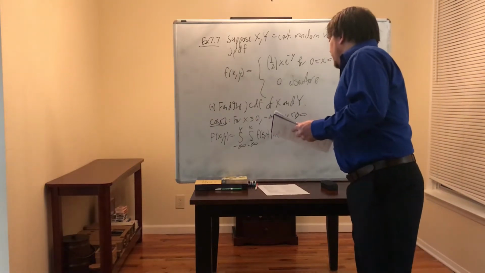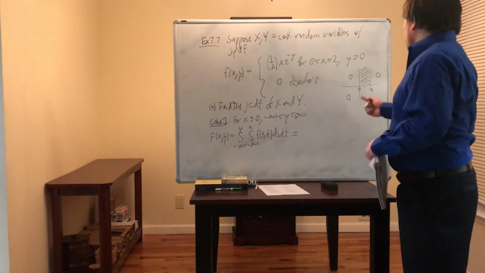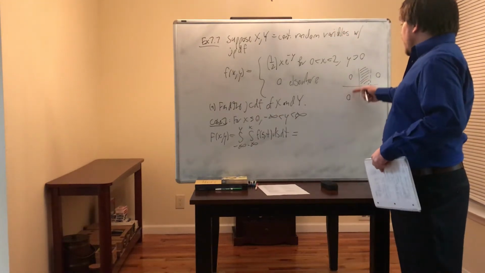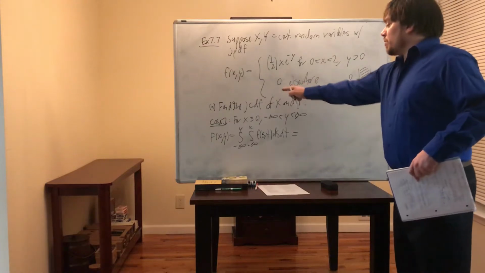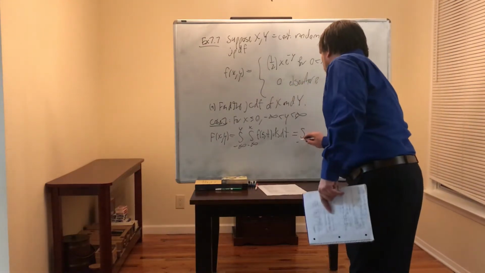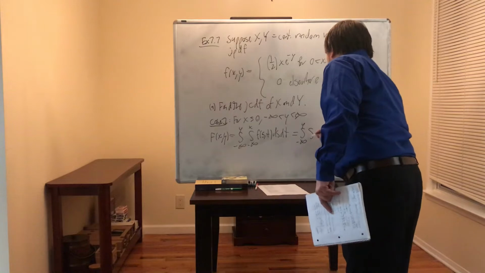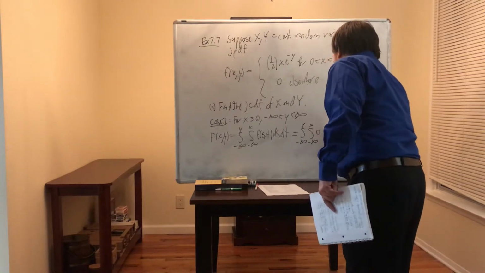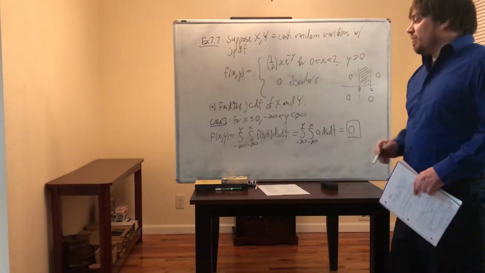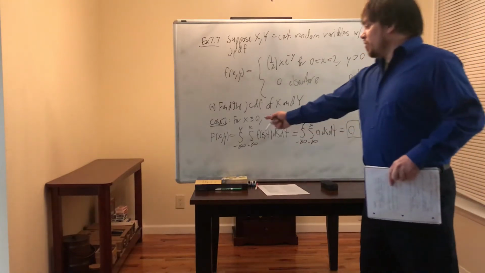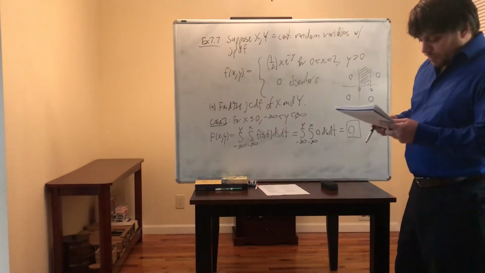Well, here we're looking at x less than or equal to 0 and any y value. When x is less than or equal to 0, the value of f is 0. And so this is just the integral from negative infinity to y and the integral from negative infinity to x of 0 ds dt, which is equal to 0. So capital F of x comma y is 0 for those x and y values.